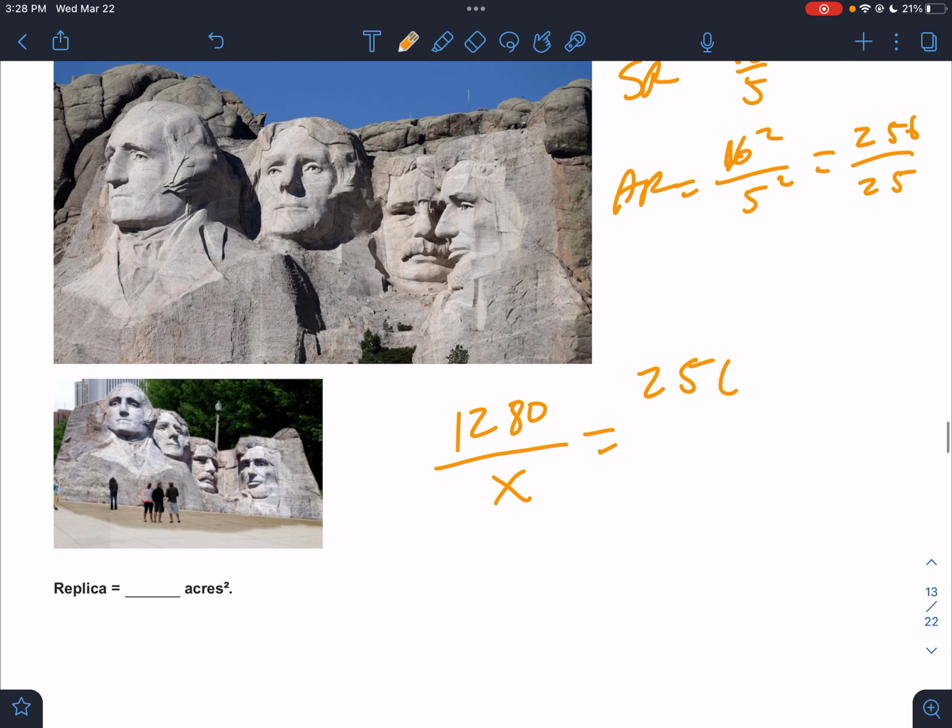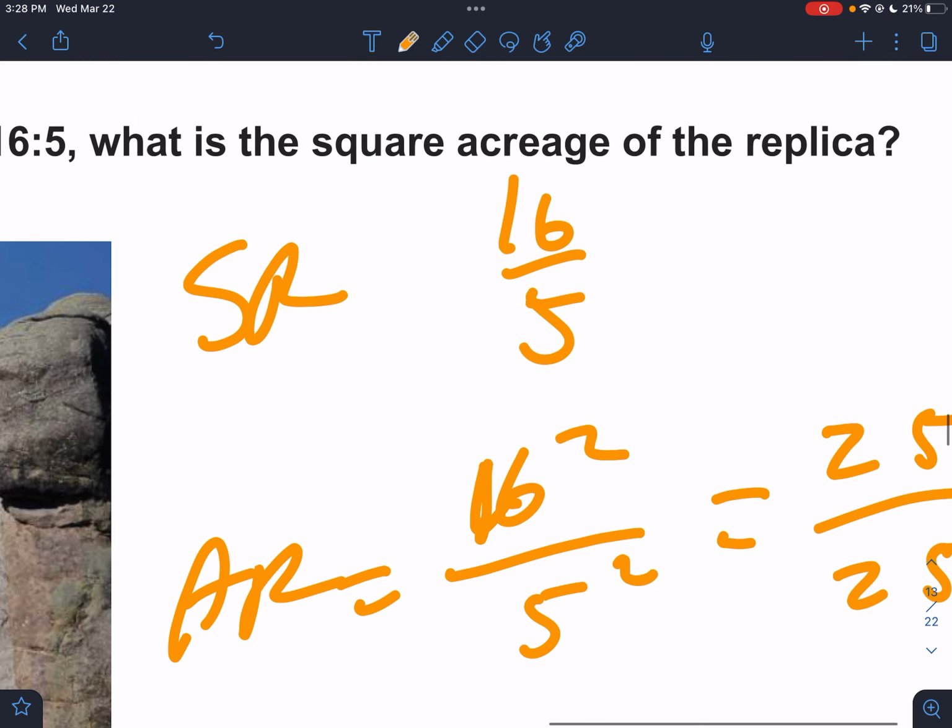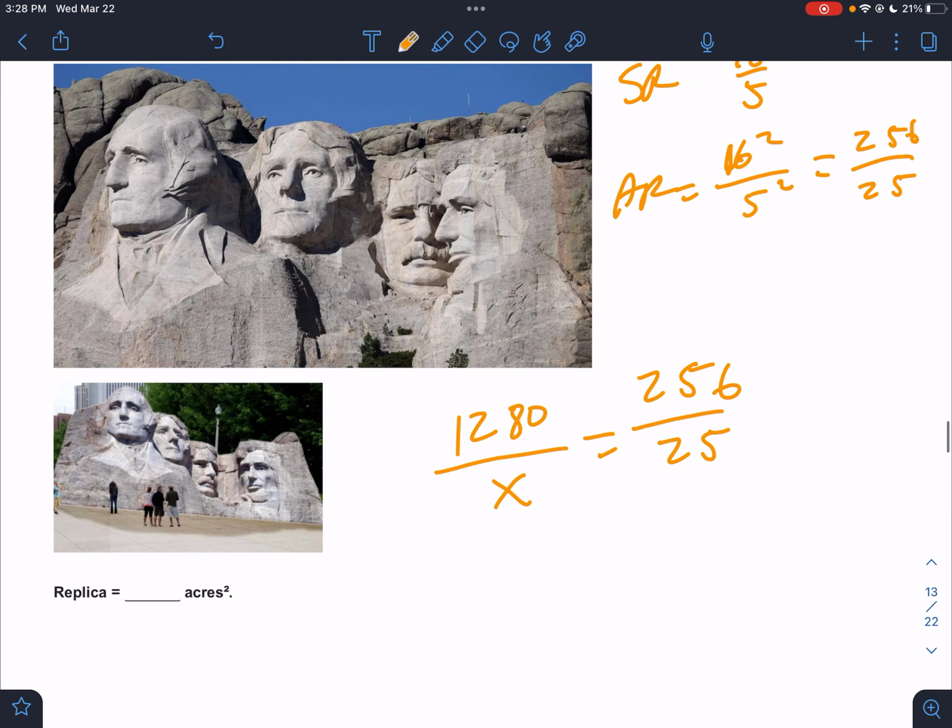So in order to work with area, you have to use an area ratio. This is in linear units. We need square units. In order to go from linear units to square units, you have to square the number. So that's why I squared the number. This is the ratio we're working with. So that would be 1280 times 25.